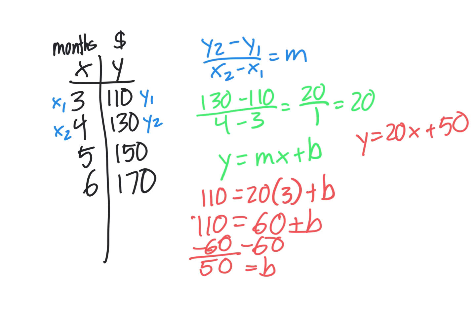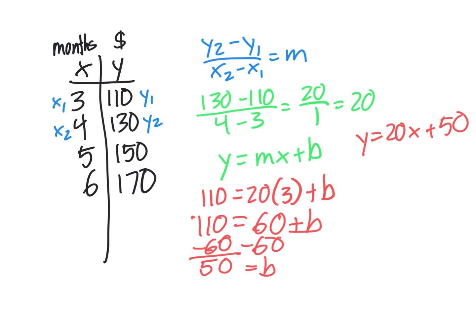Now we need to interpret this. So look, this is the months, and this is the amount of money she saved. So if we want to interpret this, the 50 is my initial fee, and that's going to be how much she initially had already in her account before she started saving. This 20, that's the rate of change, that's going to be how much money she is putting into her account per month.